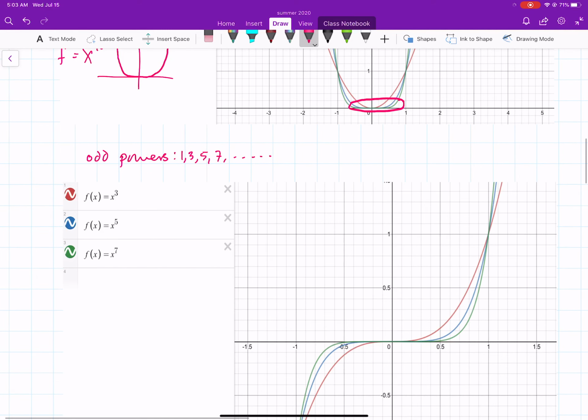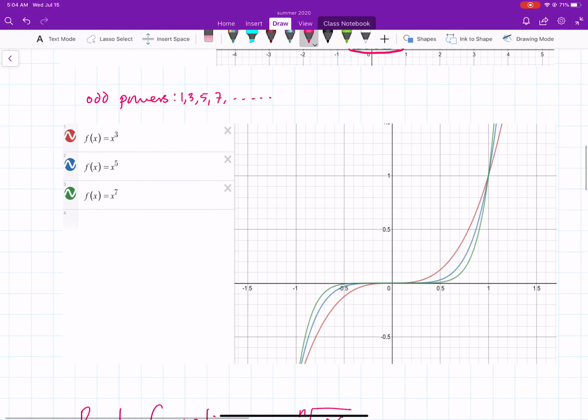So if you look at it from odd powers, you can see that the graph is very similar to the red line. The blue and the green look very similar, but again, see what's happening to the base over there. So it's also flattening out at the base over here. So the higher the odd powers, the more flattened it is around the 0, 0 portion.